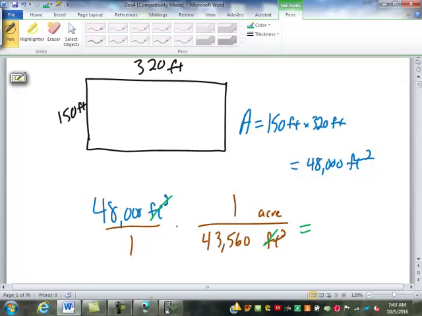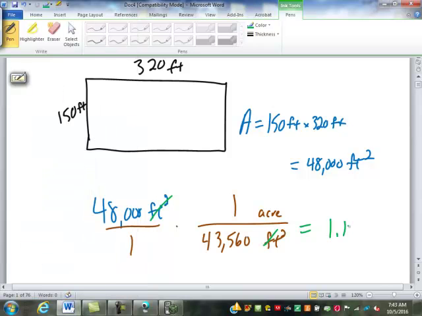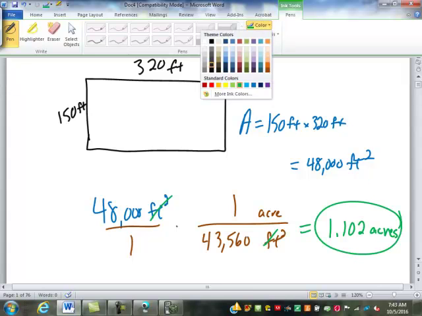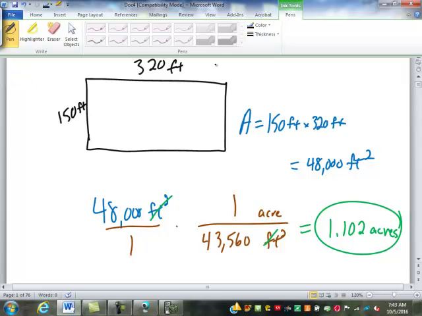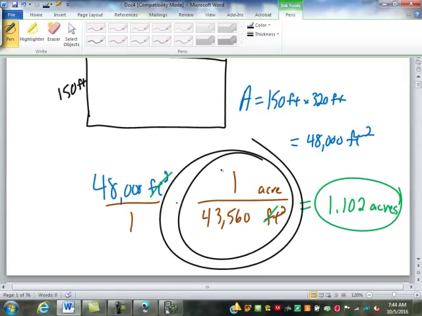And we're going to divide 48,000 by 43,560. 1.102, 1.1 if you left it at that. Not so bad? 1 acre is 43,560 square feet.